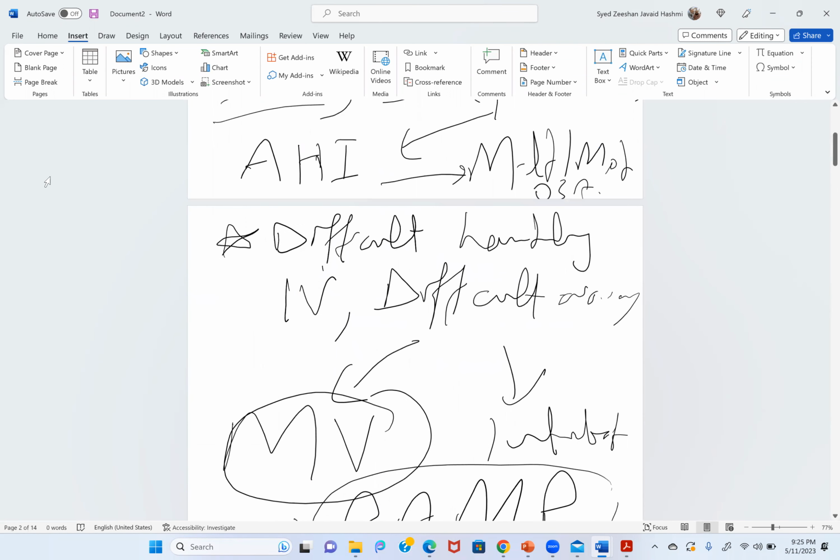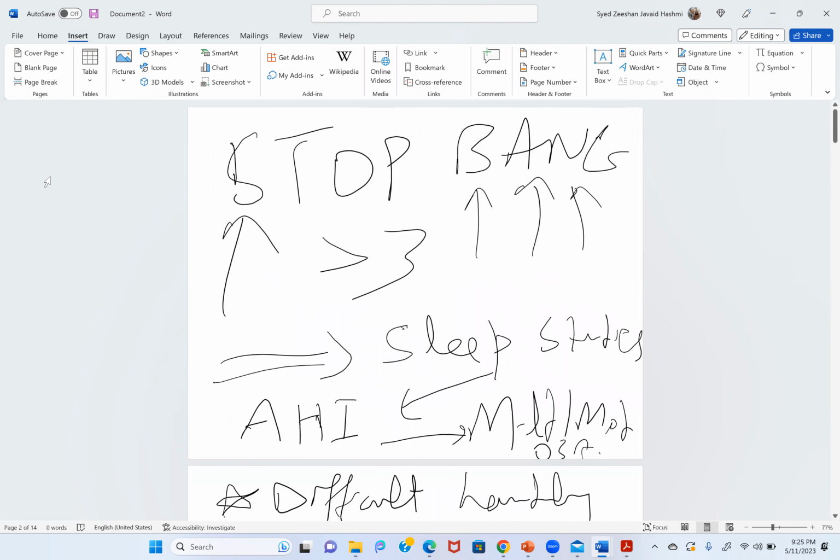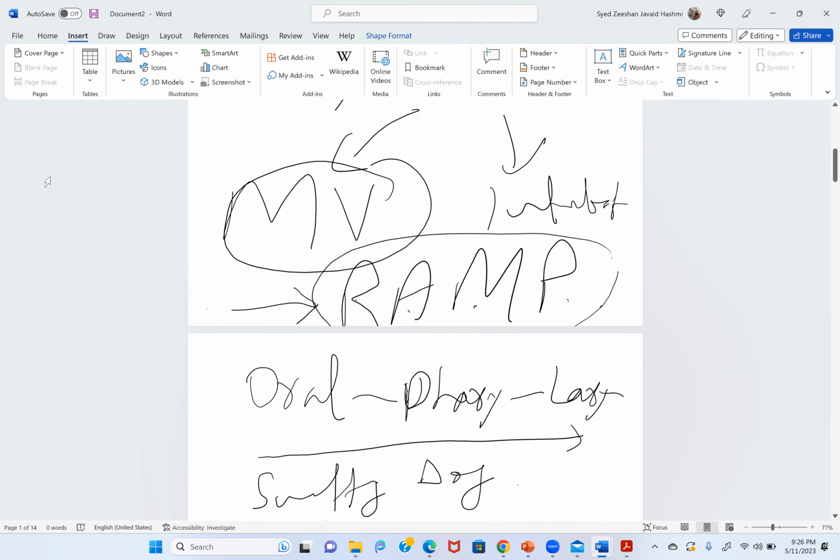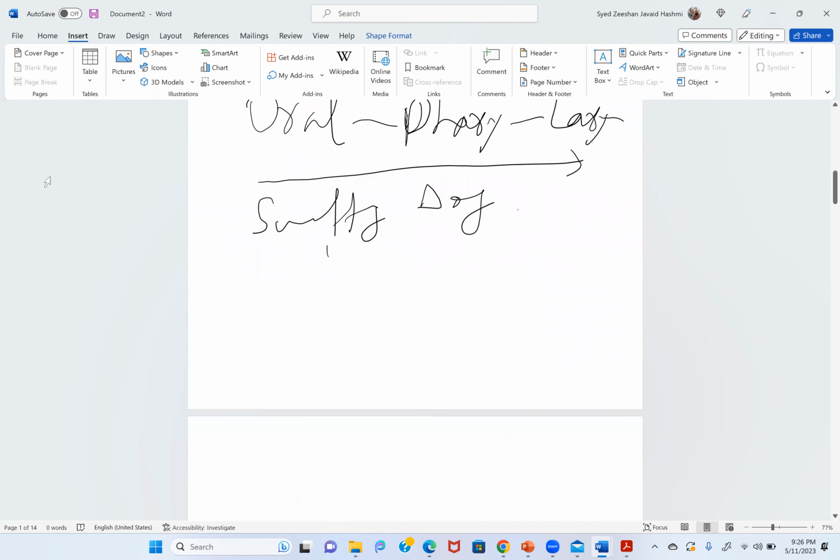So we start from obese, and then we say we have a difficult airway, so there will be difficult mask ventilation, so we do the ramp position. Then again, someone said about gastroparesis. Okay, so this is the problem.